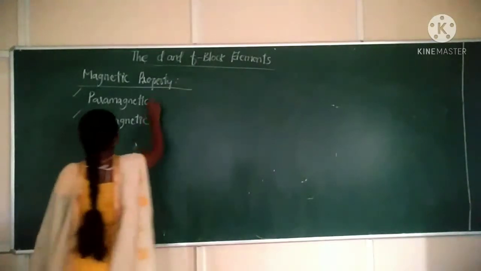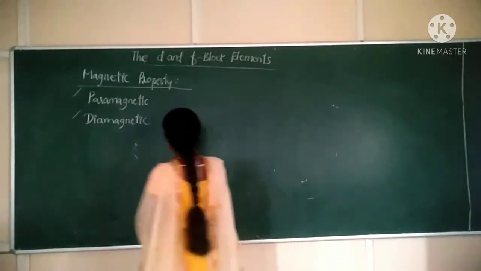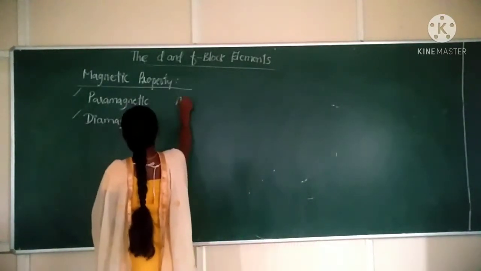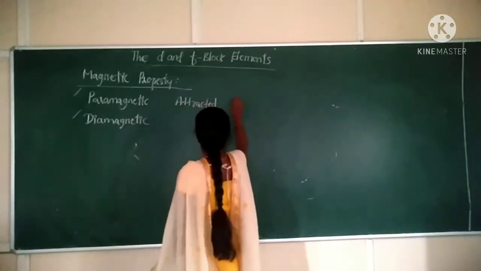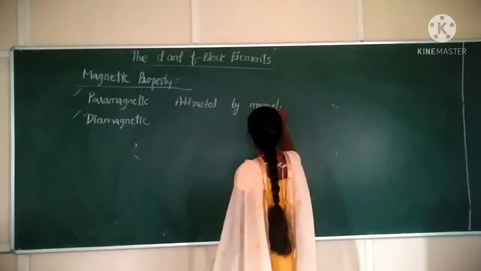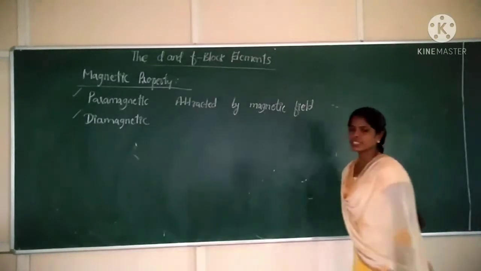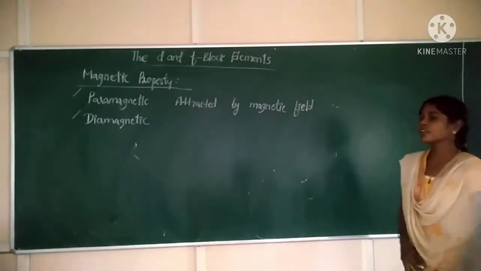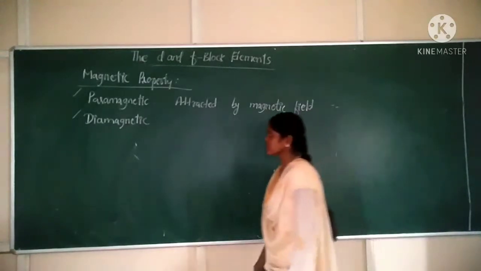So what are paramagnetic substances? Paramagnetic substances are those which are weakly attracted by a magnetic field. Substances which are weakly attracted by the magnetic field are said to be paramagnetic substances.